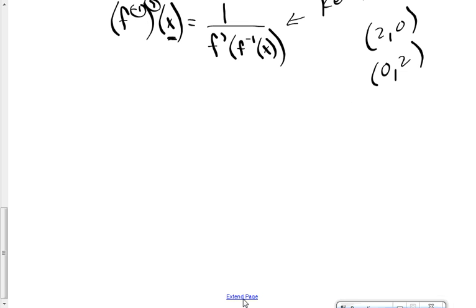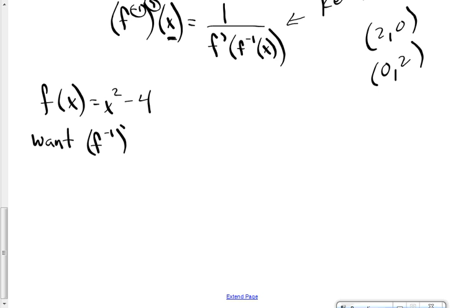Putting it into the context of what we just did, we had f of x is x squared minus 4. And let's say we wanted f inverse prime of 0, because that's what the right-hand side asked us to do. We wanted the slope of the tangent when x was 0 on the inverse.